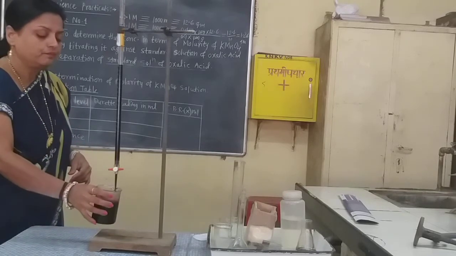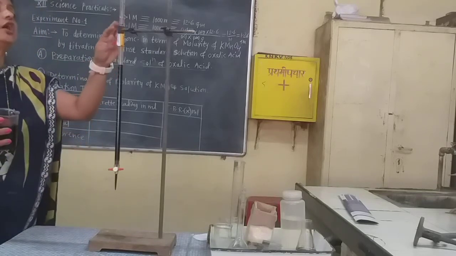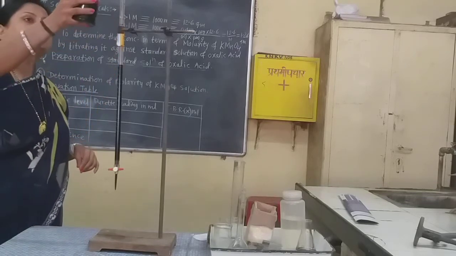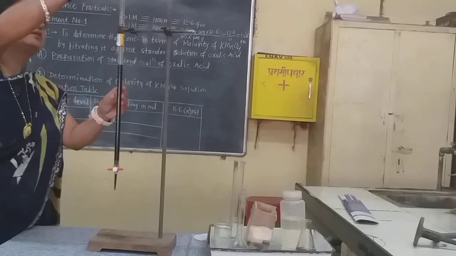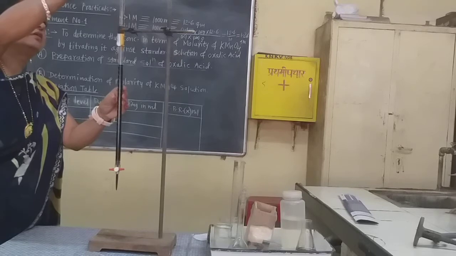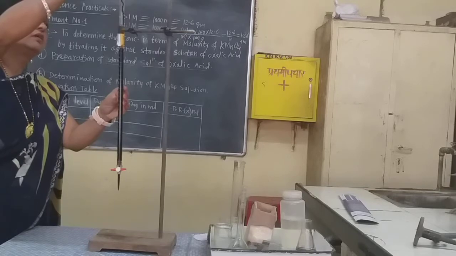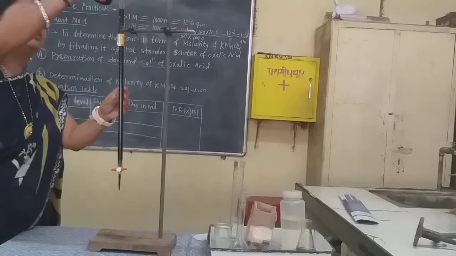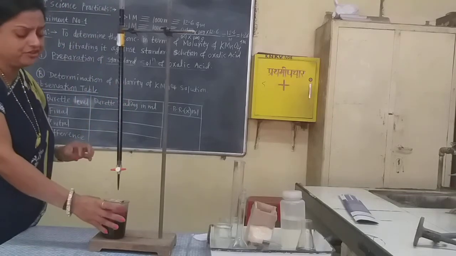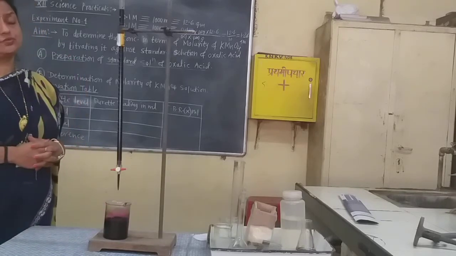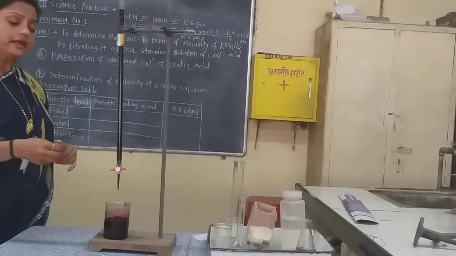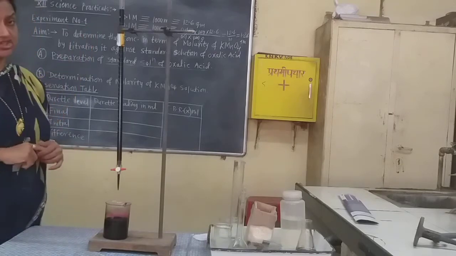Now again pour the potassium permanganate solution up to the 0 mark in this burette. Though the solution will be at maximum there, you can remove the extra solution above 25 ml, and always see the meniscus.